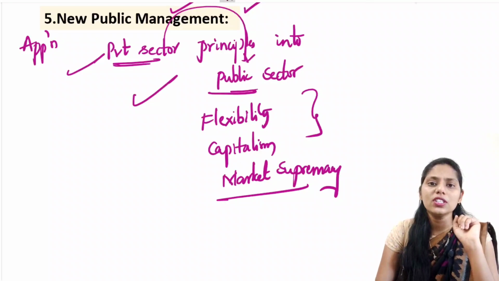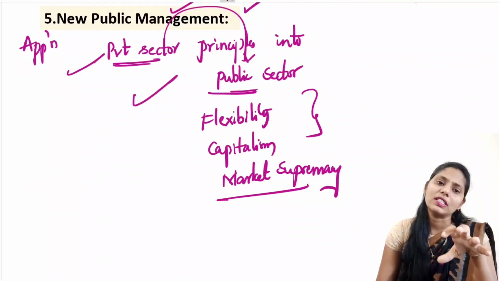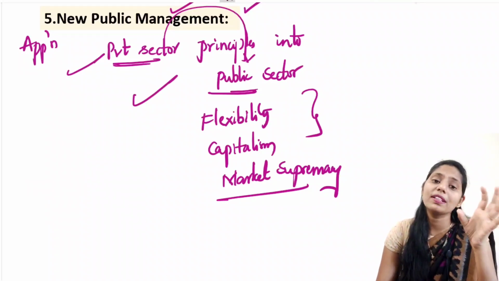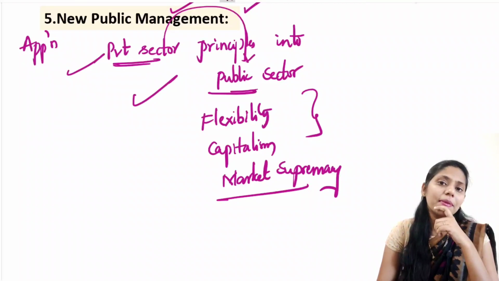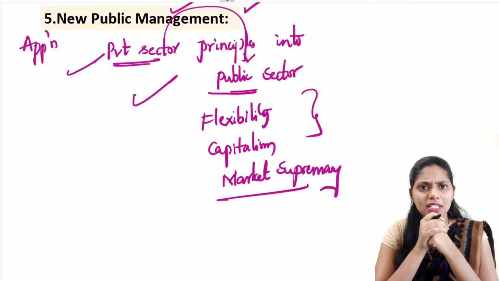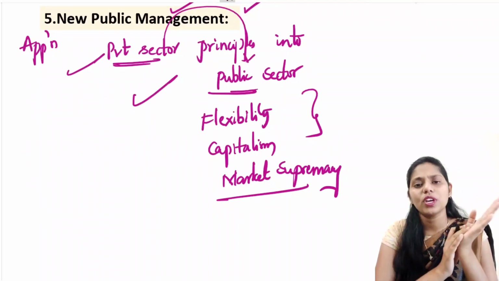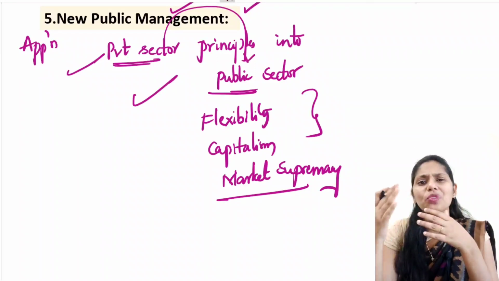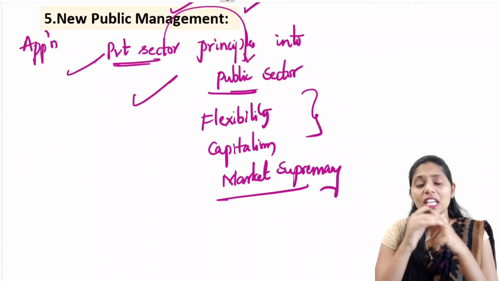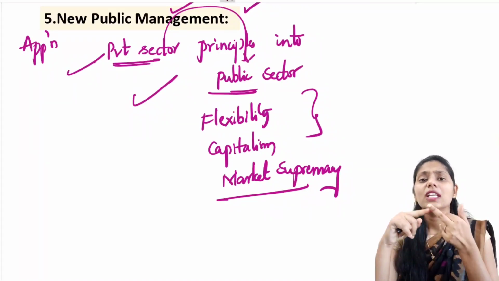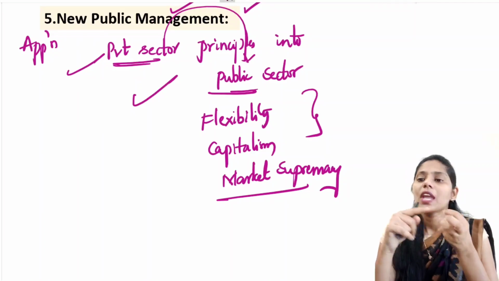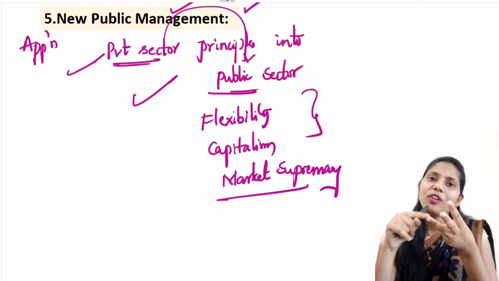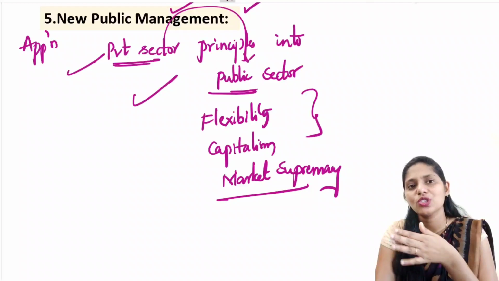And now let us try to talk about some more important things here. So why do we need to incorporate these private sector principles in the public sector? This question might hit your brain, right? So the answer is yes, public service is mainly characterized by very much inefficiency. We can see there will be no accountability, there will be no transparency, and even if you want to move any file, it will be a very slow movement of file.